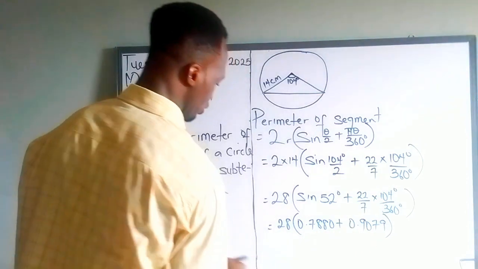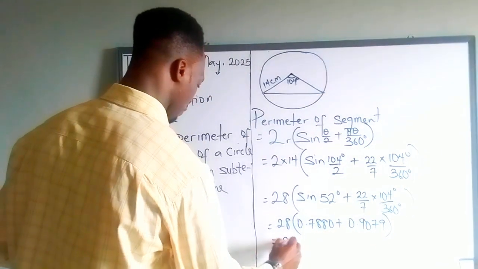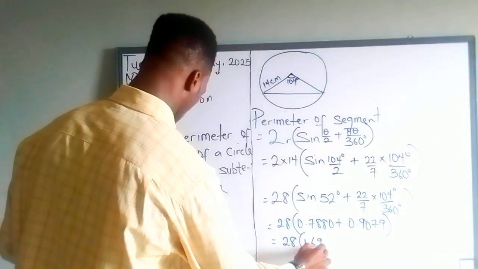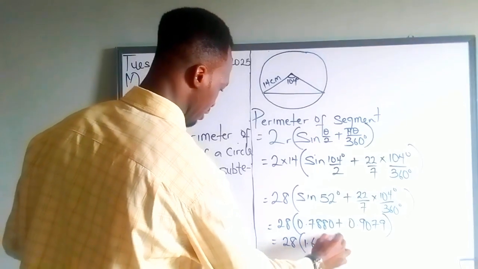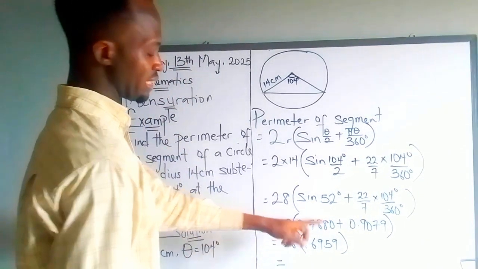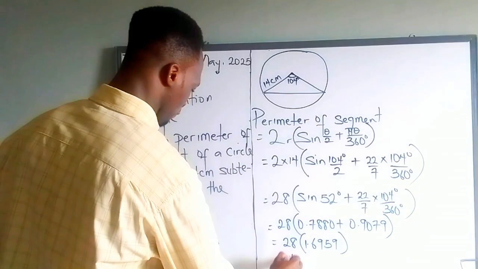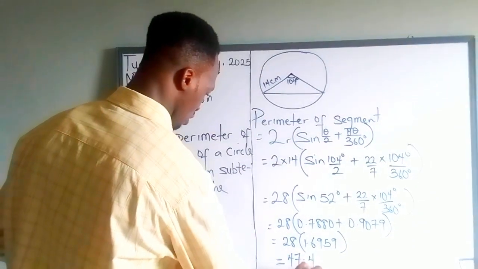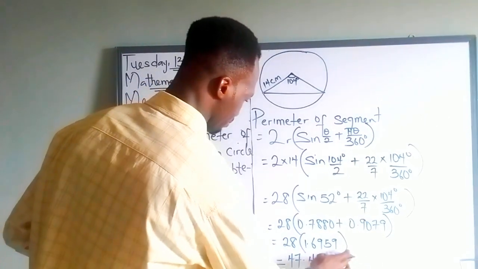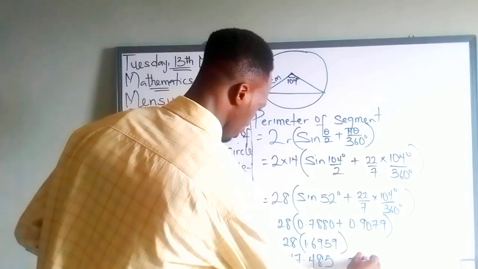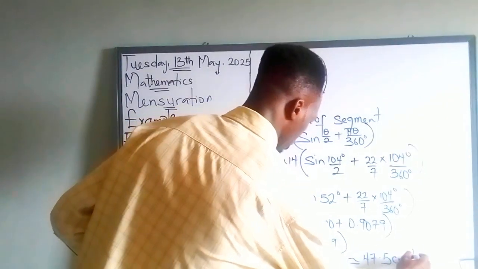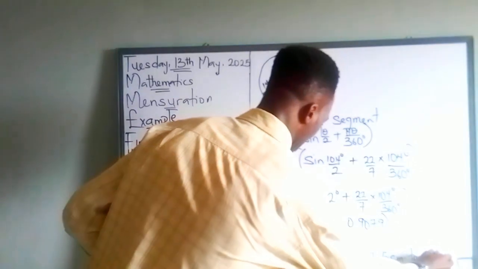So when you add this together, we have 28 into 1.6959. If you multiply these two together, 28 times 1.6959, that will give 47.485. So approximately 47.5 centimeters to 1 decimal place.